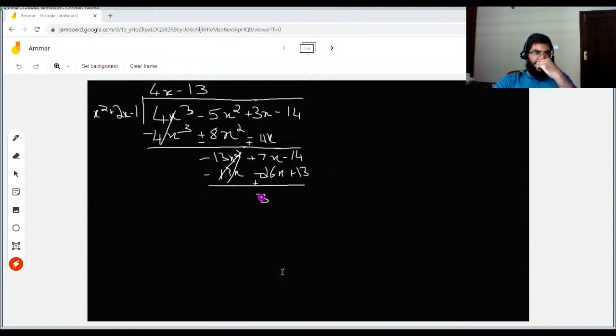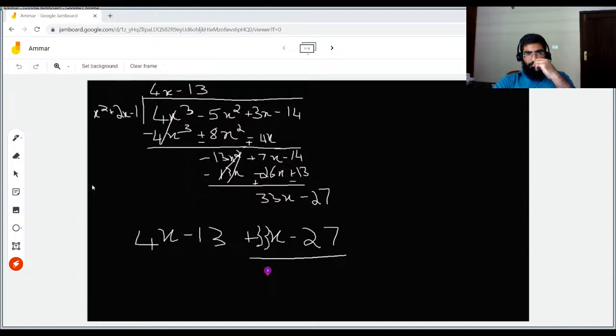Plus this becomes minus, right? So minus 14, 28, 27. So now doing the quick math, it has to be plus x 33 minus 27 by x squared plus 2x minus 1.